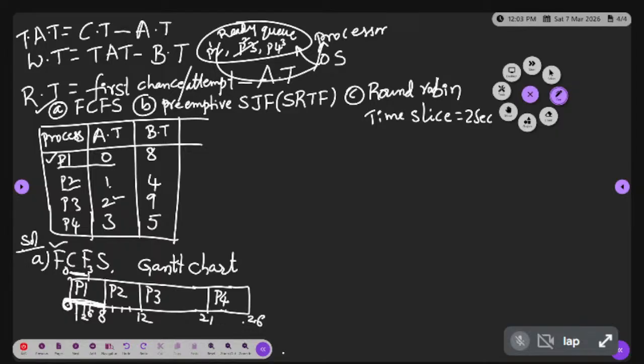So here, one way of calculating waiting time from the Gantt chart.